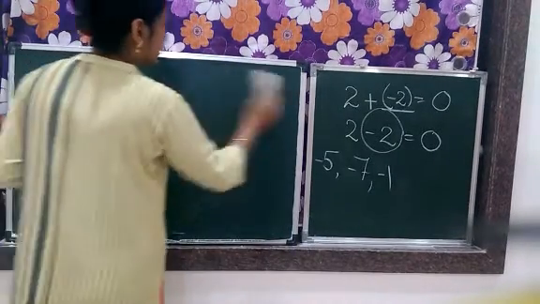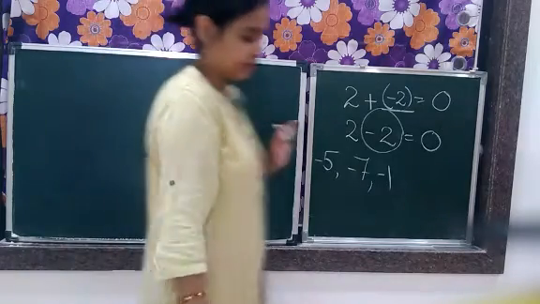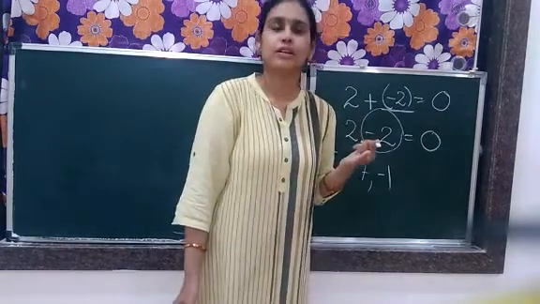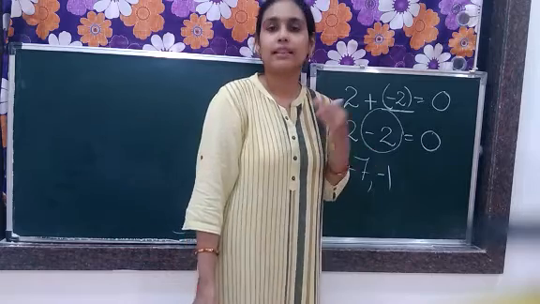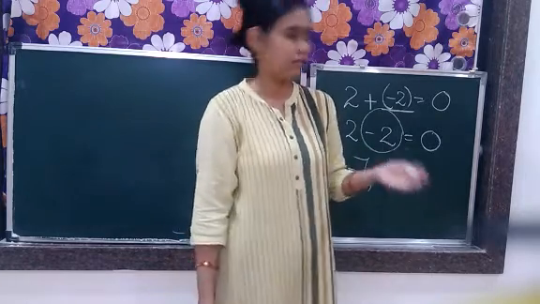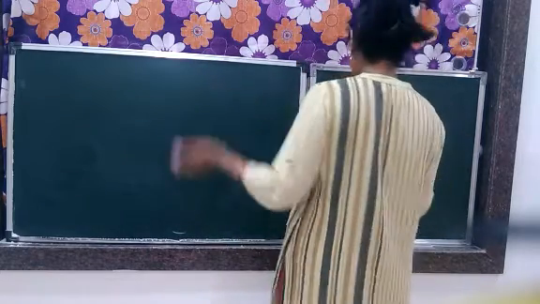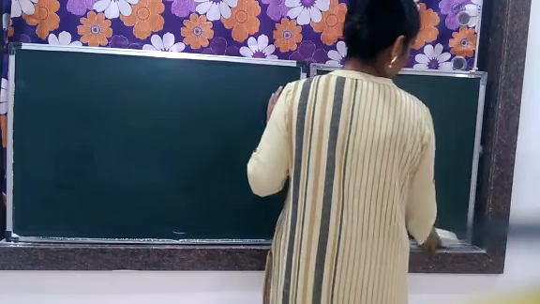So you will see children, all these topics are interrelated, be it rational numbers, integers, fractions, whole numbers, decimal numbers, natural numbers. All are connected. They all follow the same property. So let's do the try these. Try these is given on page 185. Children, please do it in the book itself, okay.